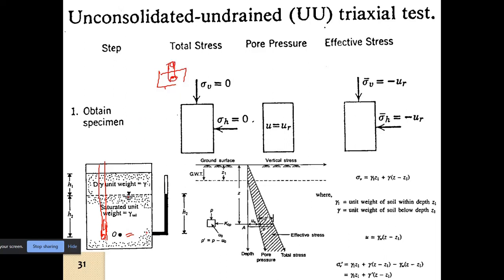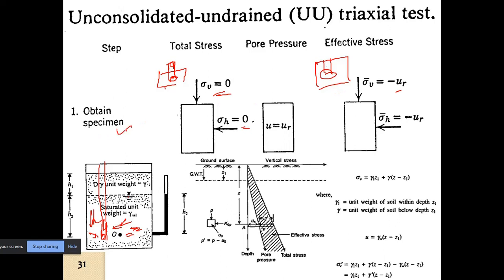Here there was a pore water pressure acting on the sample, and there were total stresses acting on the sample. Now suddenly all of these are released. So what will happen is that the pore water pressure will now be the negative value of what it was before, when it is on the pedestal.